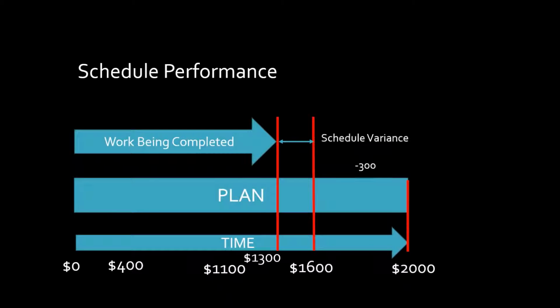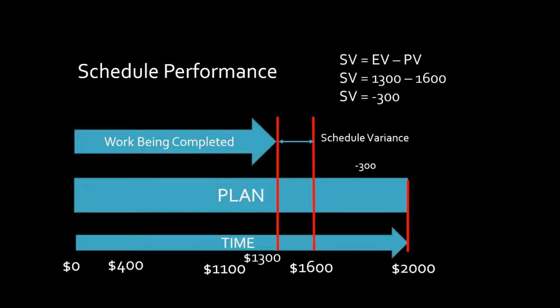This is what they call the variance between the two, what we earned and what we should have earned. The schedule variance is -$300. That's because the formula for doing schedule variance is earned value minus planned value. So our earned value, $1,300, versus our plan value, where we're supposed to be, is $1,600. We're behind schedule, -$300.